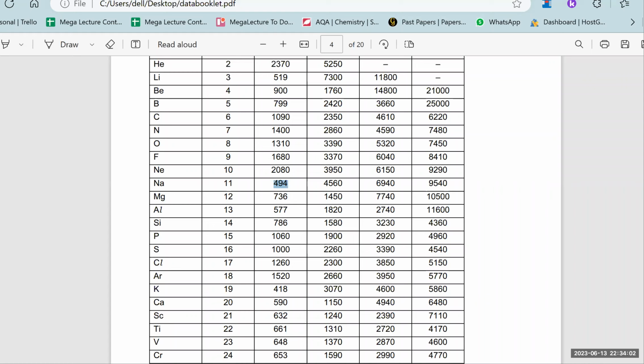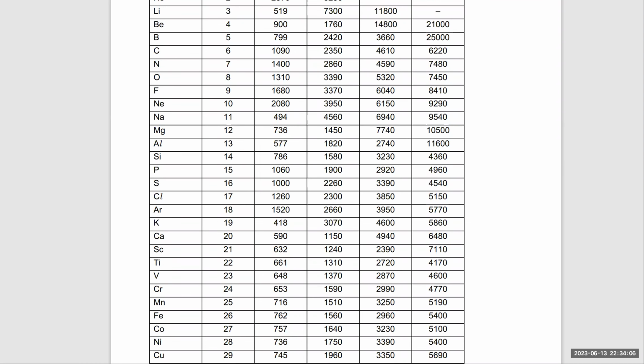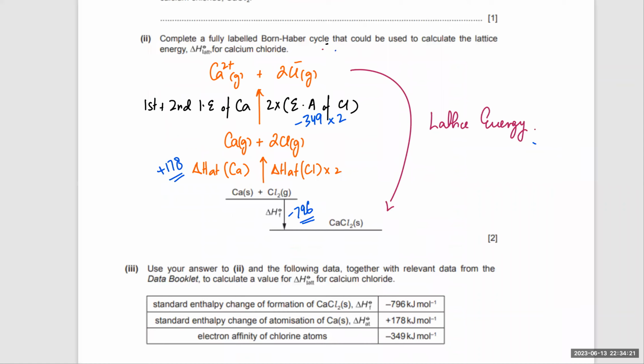Where's calcium? Calcium is 590 and 1150. So the first is 590 plus 1150. So now can you calculate the lattice energy?